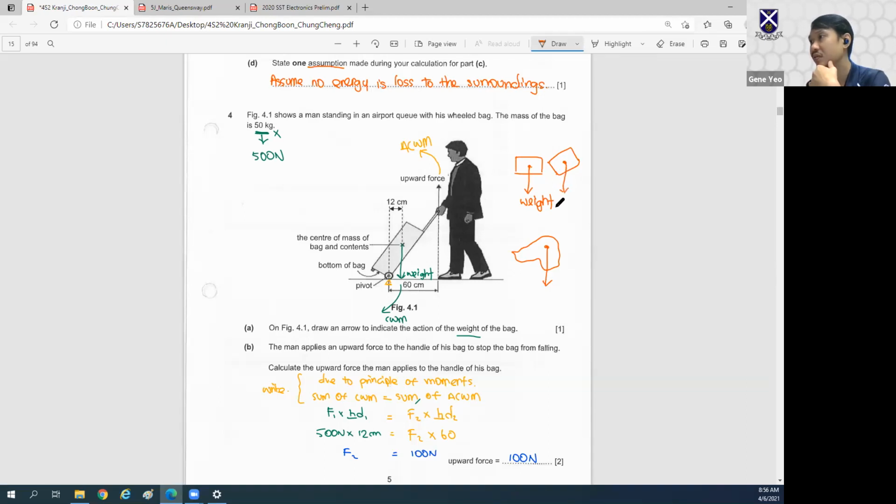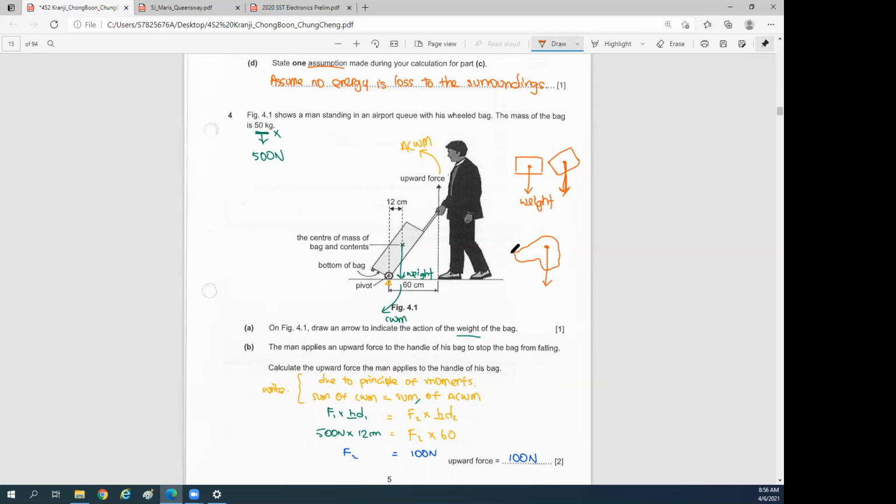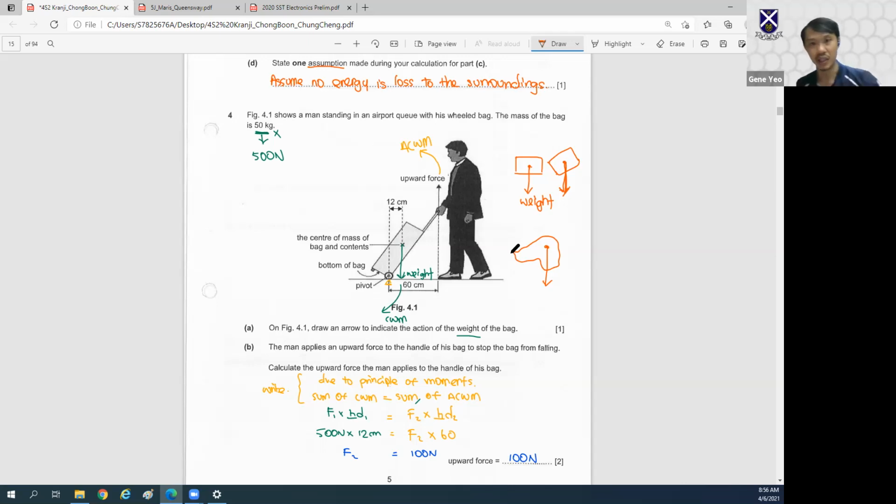Sorry, it's not very straight, but it's always going to be vertical, like so. Okay, so that's the line of action. It's a line you draw to show how the weight from the center of gravity looks like in a diagram. Hope I made that clear.